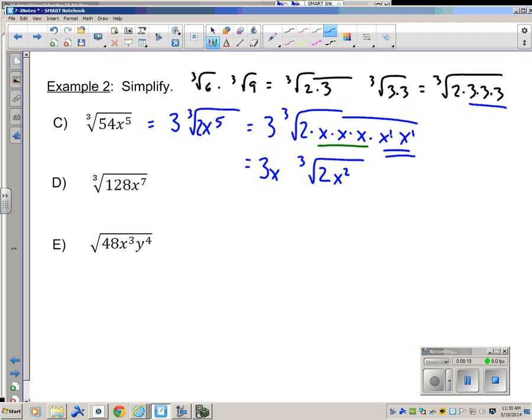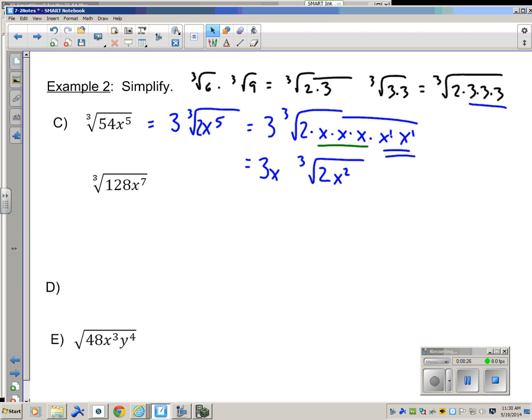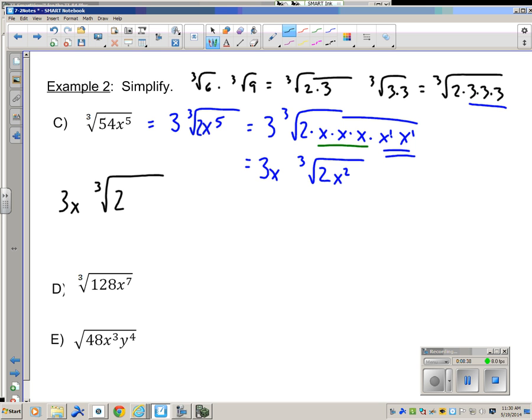The other way you can think through this is whenever you've got a variable here, because we've got 3x and a 2 here. I've got x to the 5th there.